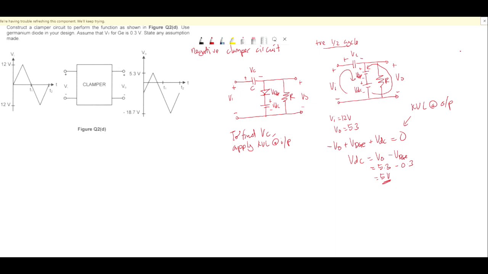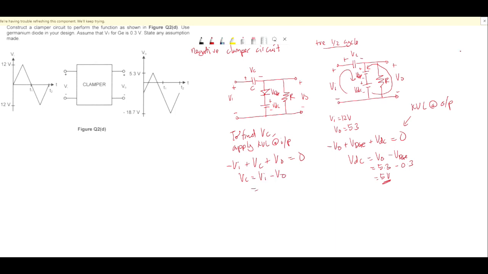Starting from the V in, negative V in followed by VC plus VC, then lastly it will meet V out plus V out is equal to 0. So VC equal to V in minus V out.